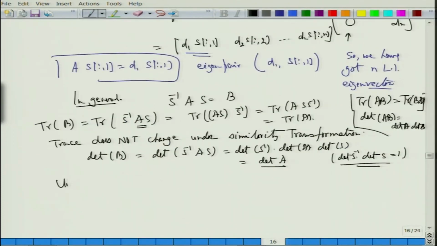So, under similarity, eigenvalues do not change. Why does it not change?